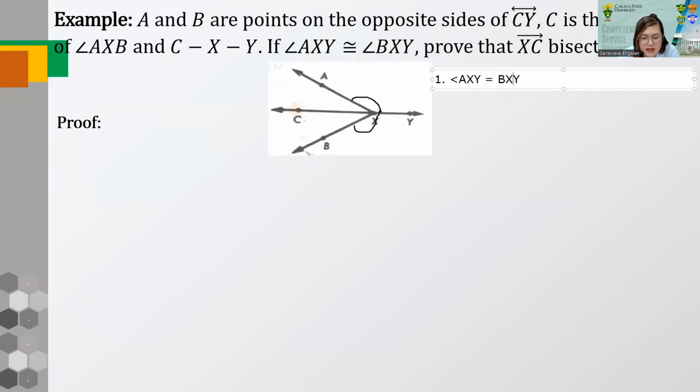We are sure that C is in the interior. So what we need to show is that it is in the interior. It is given based on our figure, so we don't need to show it. For us to say it is a bisector, C is in the interior, and angles AXC and BXC are congruent. So this is given.